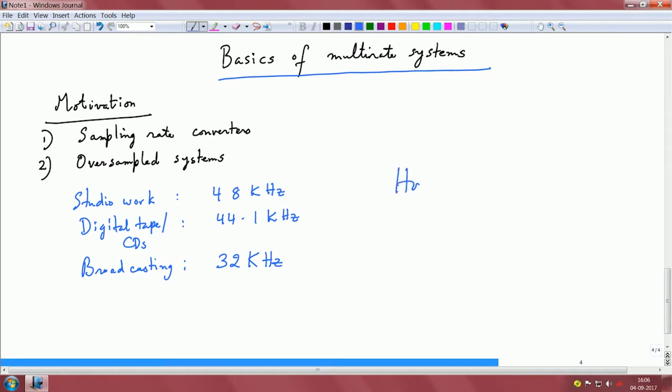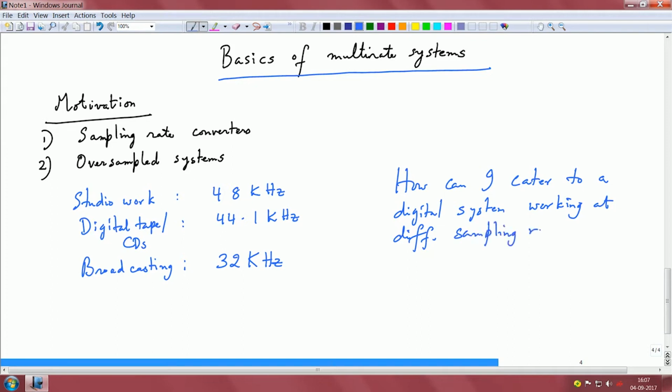So, how can I cater to a digital system working at different sampling rates with the same analog signal, it is the same continuous time signal, but it is working at different sampling rates.